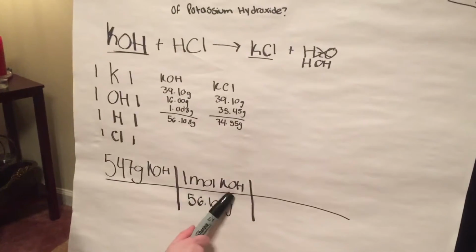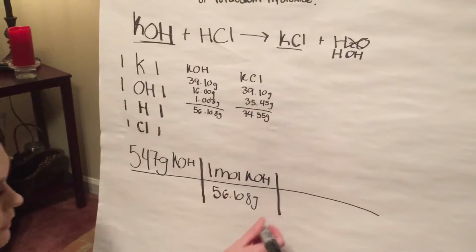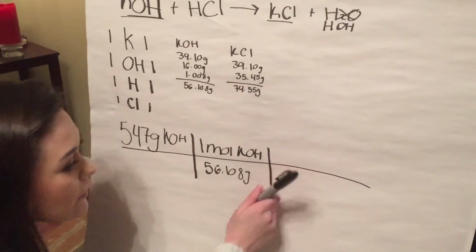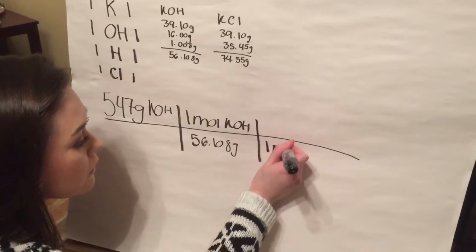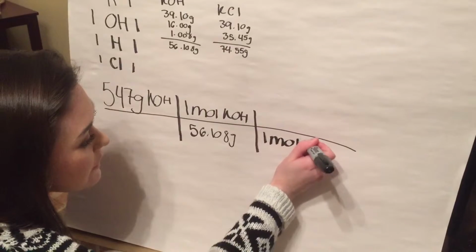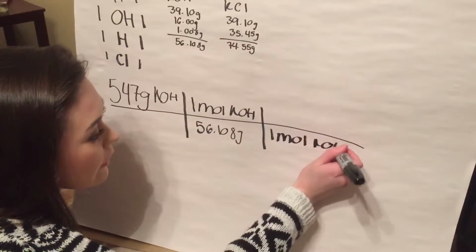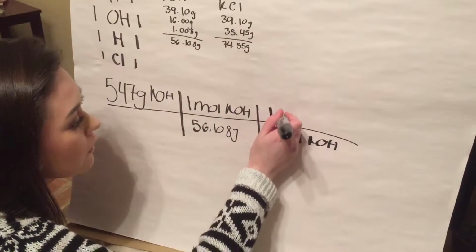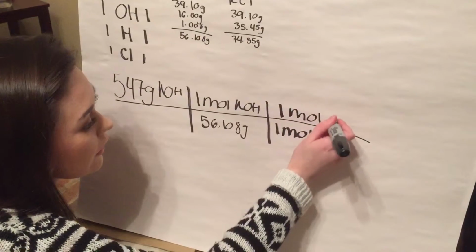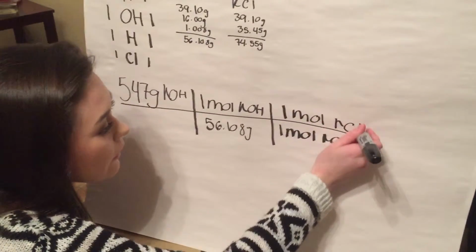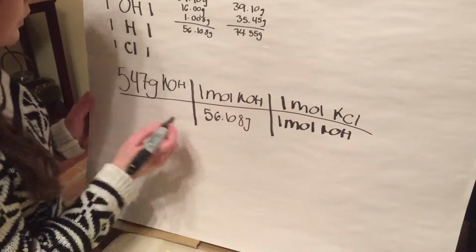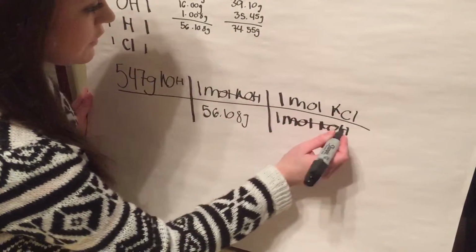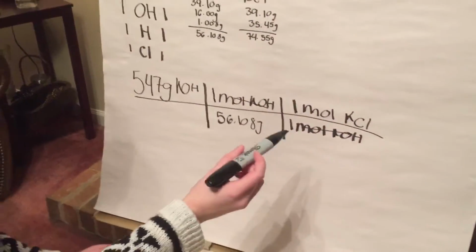Since we have 1 mole of potassium hydroxide on top, that must go on the bottom for it to cancel out so we can convert it into potassium chloride. So you put 1 mole of potassium hydroxide on the bottom and 1 mole of potassium chloride on the top. Now this is canceled out, and we are left with potassium chloride.